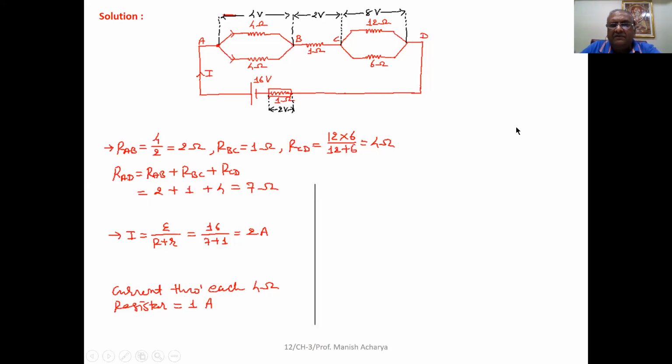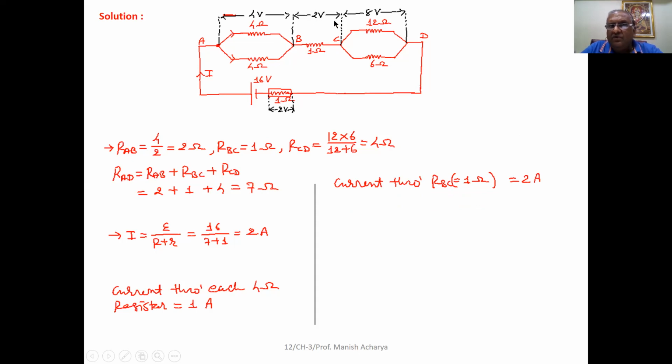Then after, when the current reaches B and comes out from B, again it will be 2 ampere through this 1 ohm resistor, and therefore 2 into 1.